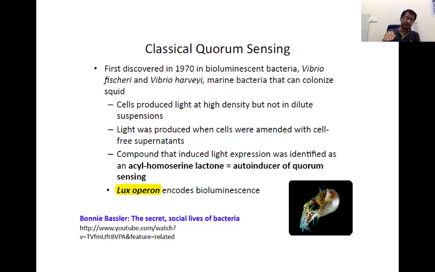So this is like a self-defense. The light of the moon coming on the organism is masked by the light produced by Vibrio fischeri in the gut of the squid, and in this way it saves itself from being preyed upon while finding its own food.